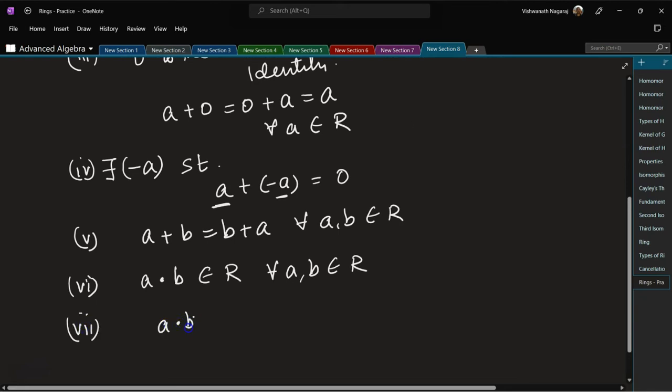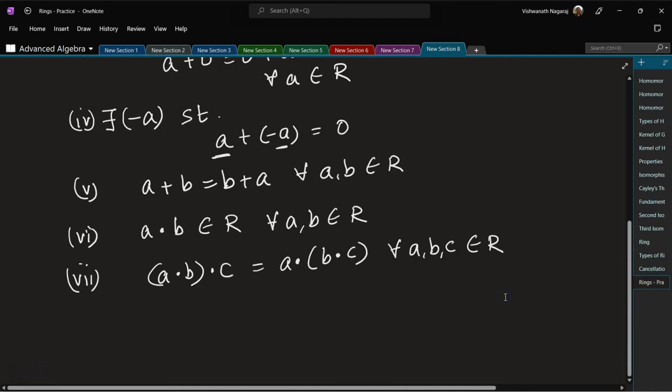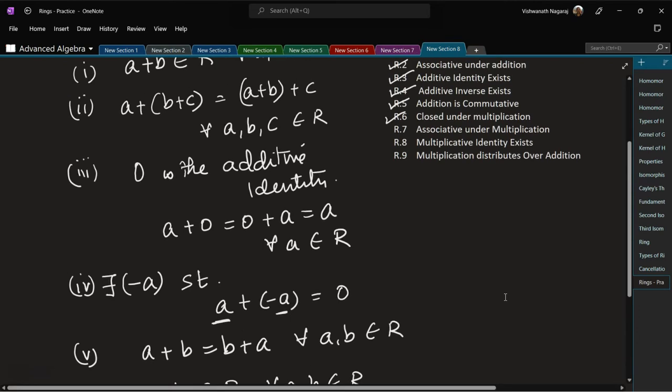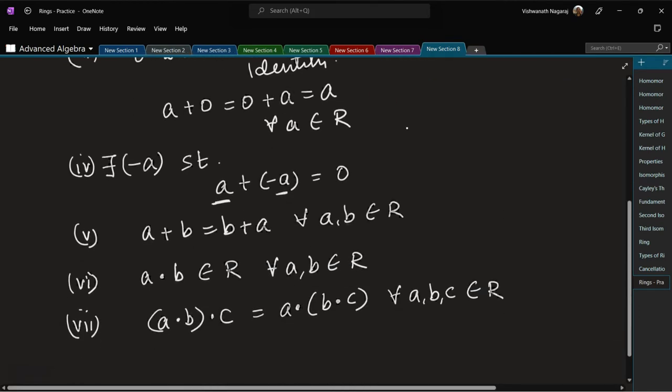So (a times b) times c is equal to a times (b times c) for all a, b, c belonging to R. Because remember, we are talking of integers. Okay. So that means it is associative under multiplication.